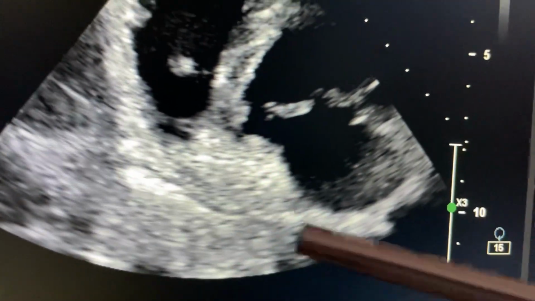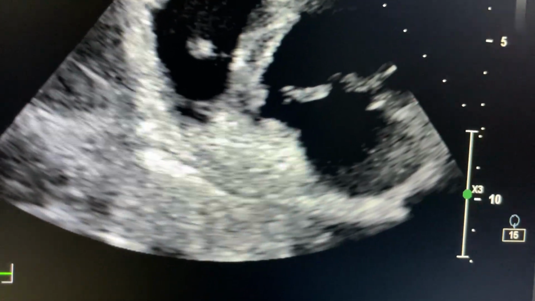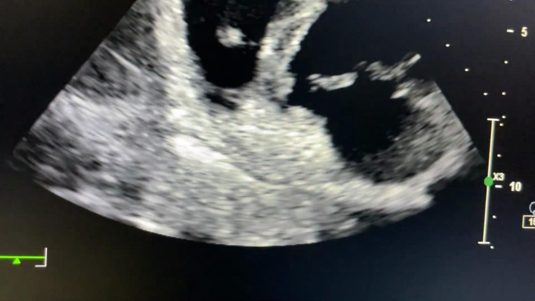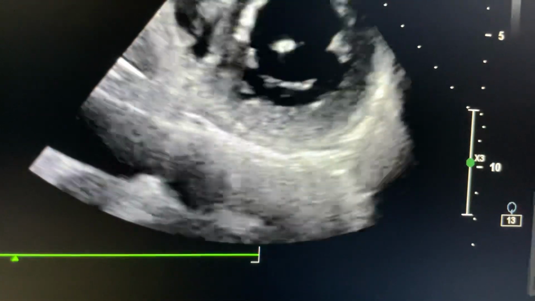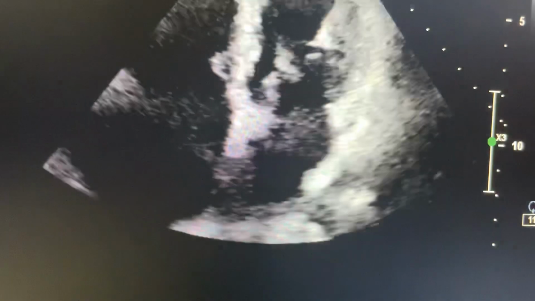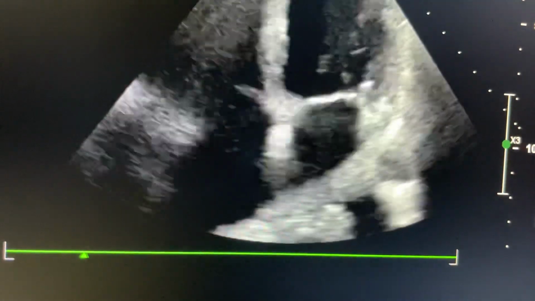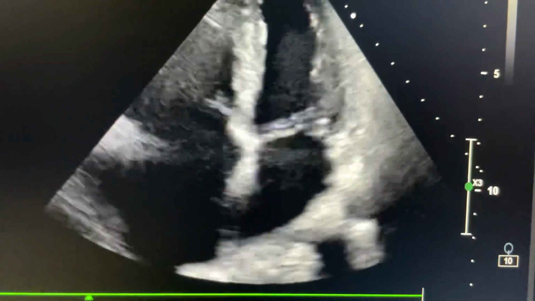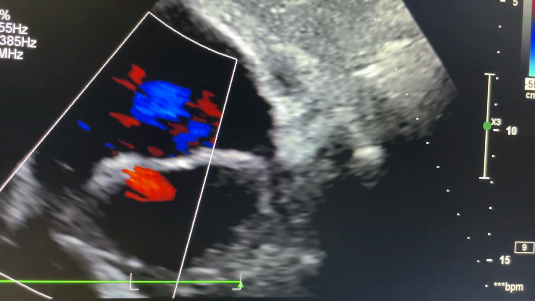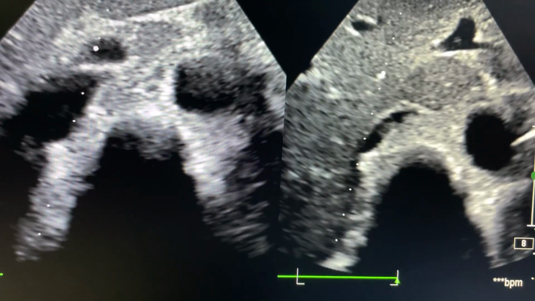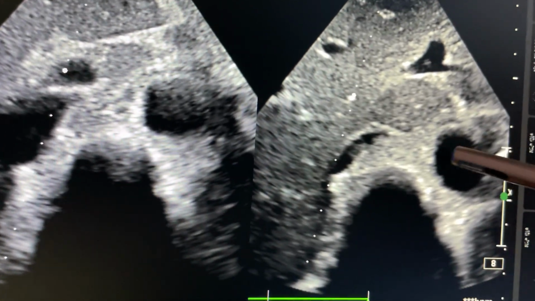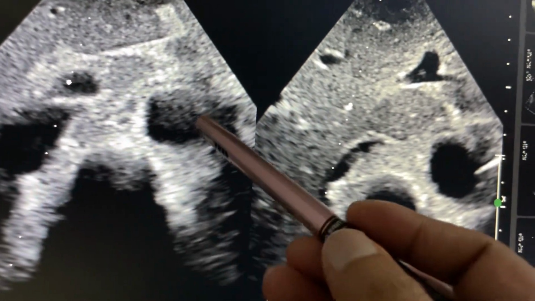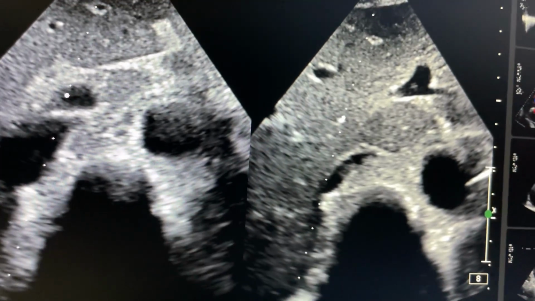You can see minimal enlargement. The only thing I want to highlight in this apical four chamber view is that the right atrium is moderately dilated. There is no ASD. This is the aorta and this is the IVC. The IVC is minimally dilated, not that much.